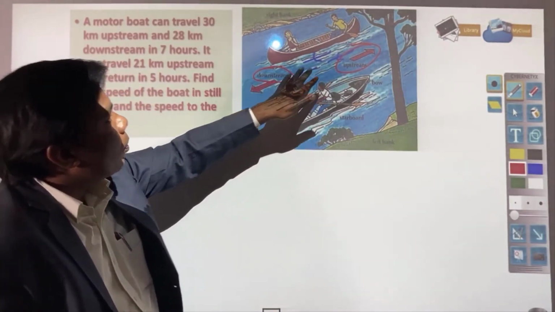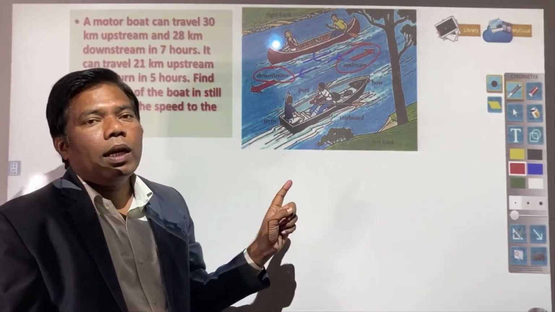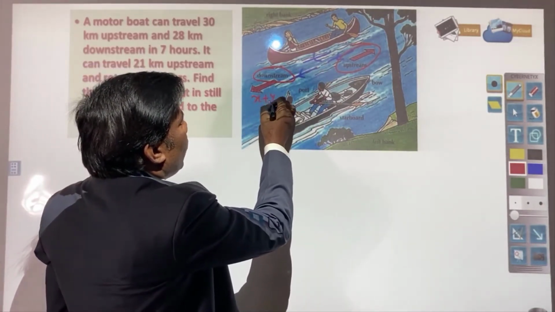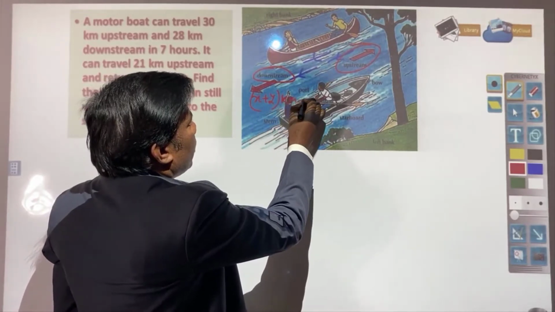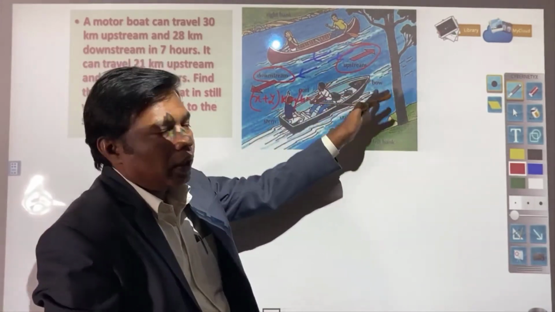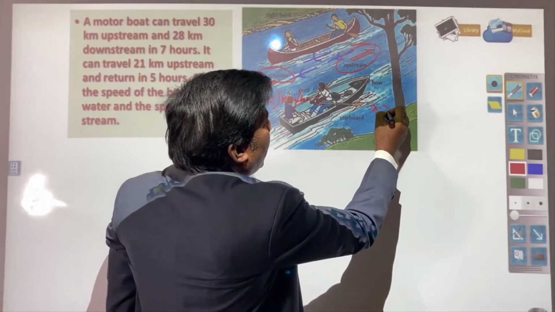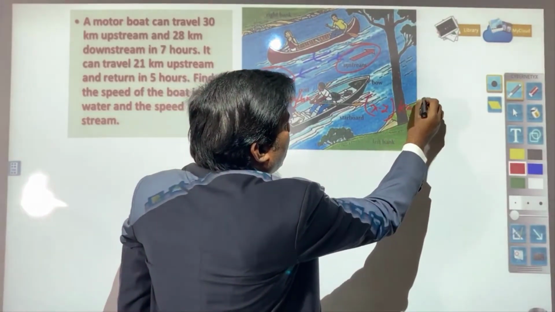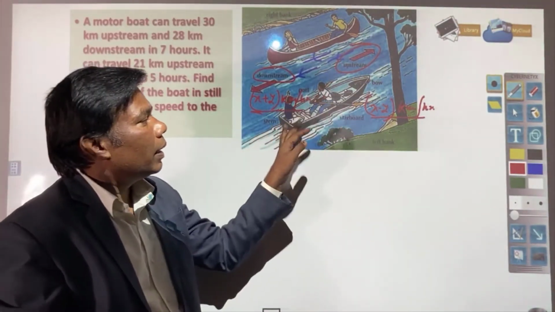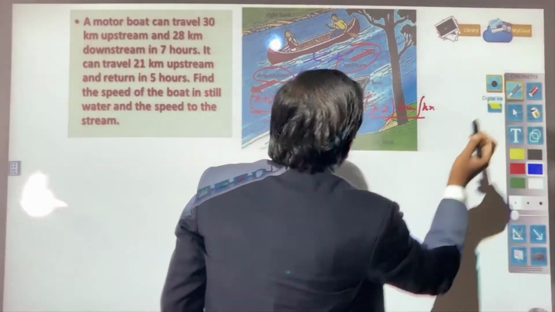When the boat goes with the stream, that is downstream, the speed of the boat will be x plus y km per hour. Just opposite to it, when going upstream, the speed of the boat will be x minus y km per hour. You need to remember this, and if you understand it, I think you will be able to solve the question. So let's see how we will solve.